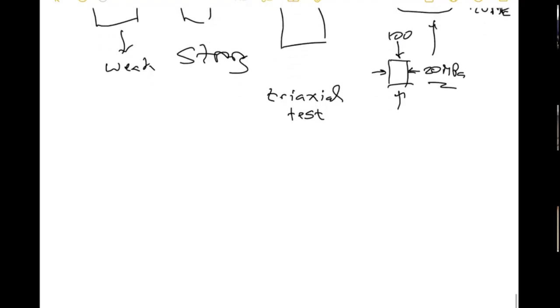It's all correct, but what's the mechanism? Why is that the case? You're telling me that if you do certain tests and apply confinement, it gets stronger. Why?